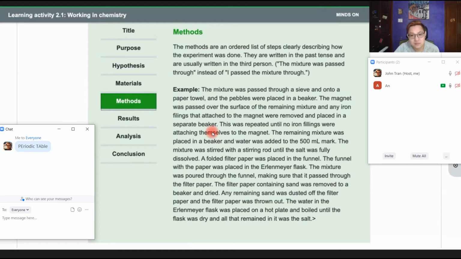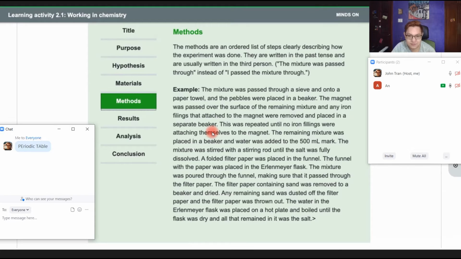The funnel with the paper was placed in the Erlenmeyer flask. The mixture was poured through the funnel, making sure that it passed through the filter paper.